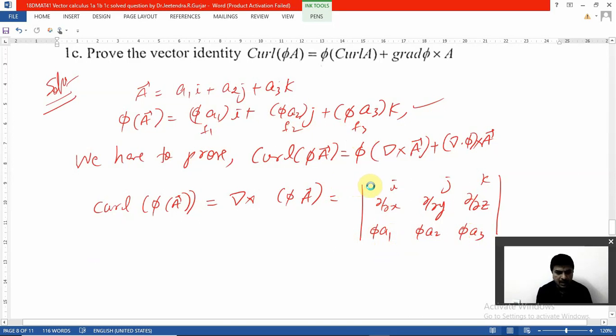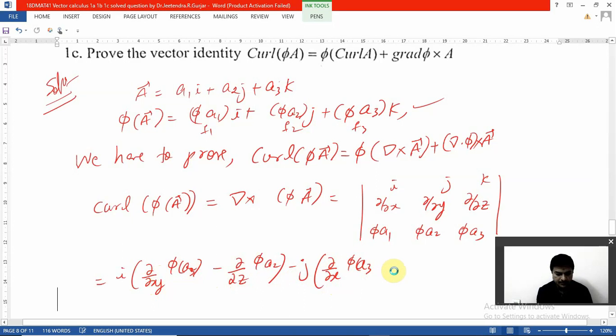I'm going to take this as equal to, you know the determinant already, i times del upon del y of phi a3 minus del upon del z of phi a2, minus j times del upon del x of phi a3 minus del upon del z of phi a1.